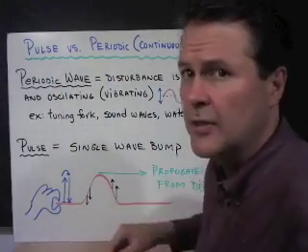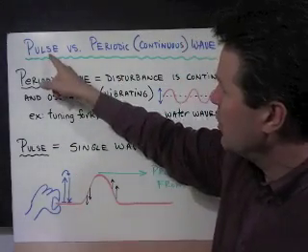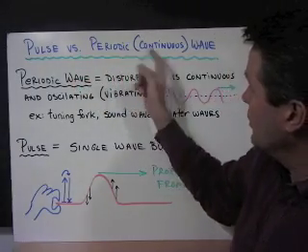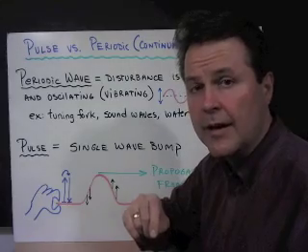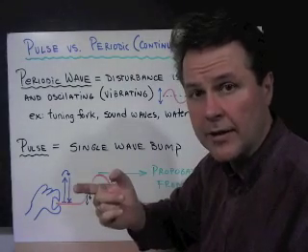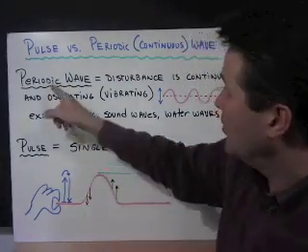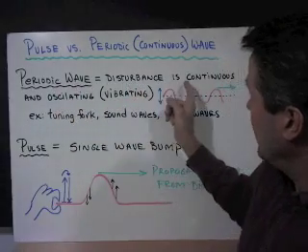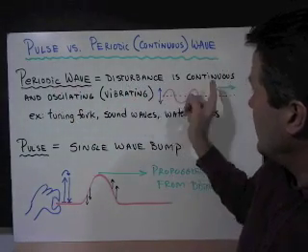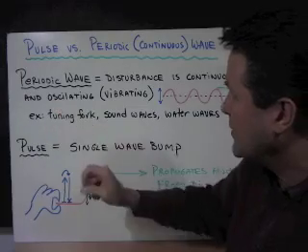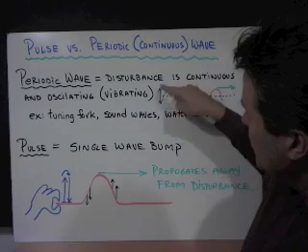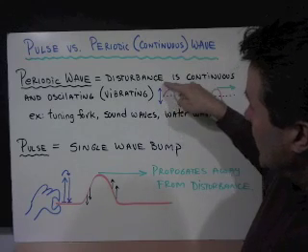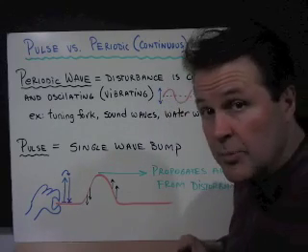Now lastly, let's have a look at what we mean by pulse versus a periodic or continuous wave. All the waves I've discussed so far have been periodic wave examples. A periodic wave is a disturbance. The disturbance is continuous and oscillating or vibrating. So the disturbance would be moving up and down, above and below the equilibrium point.